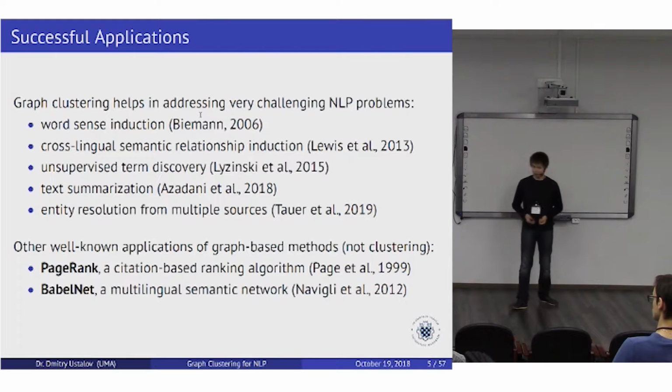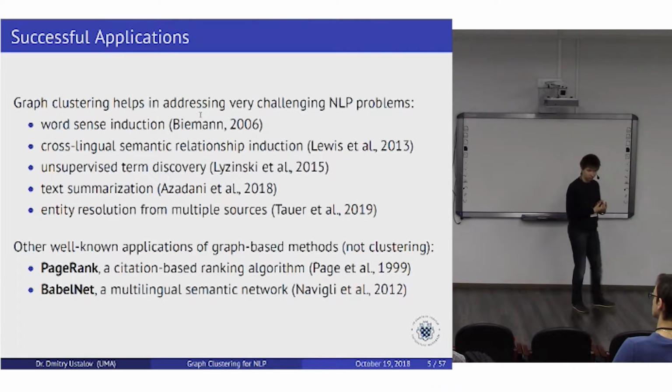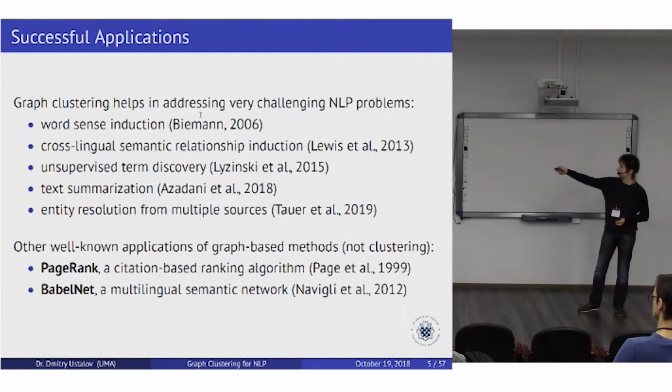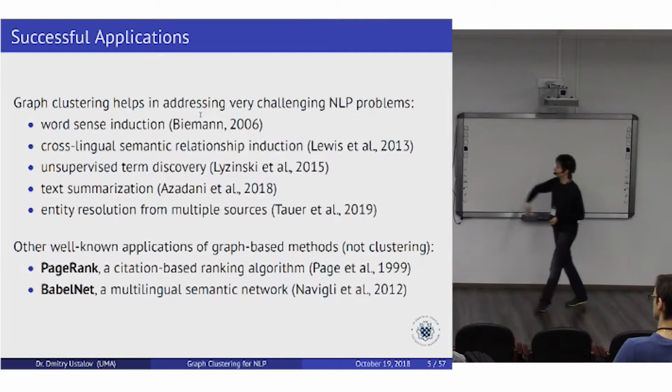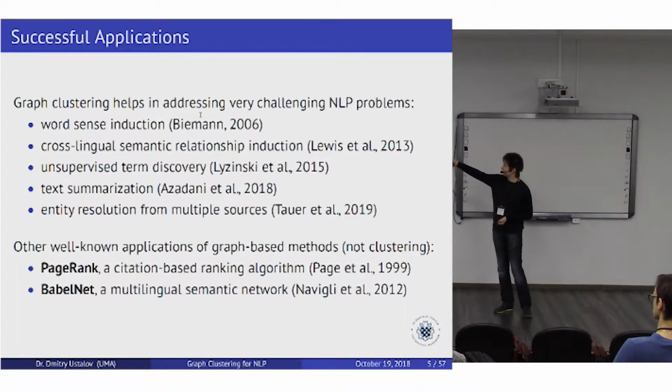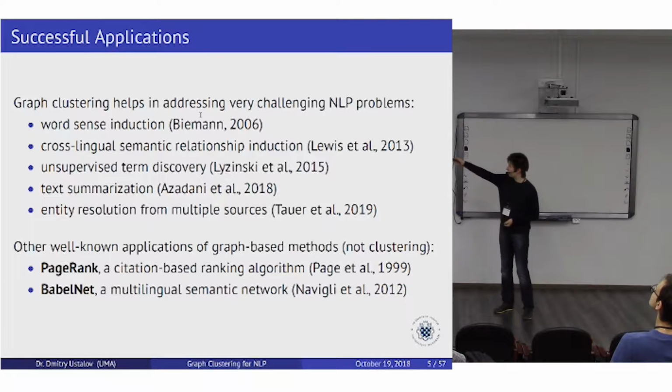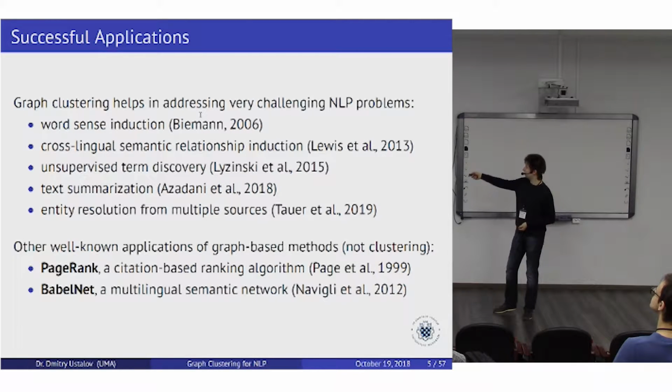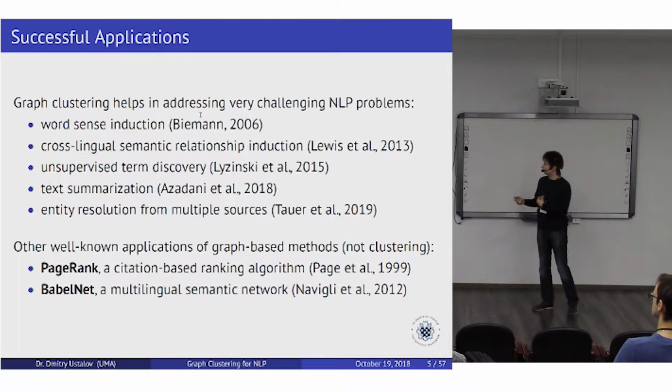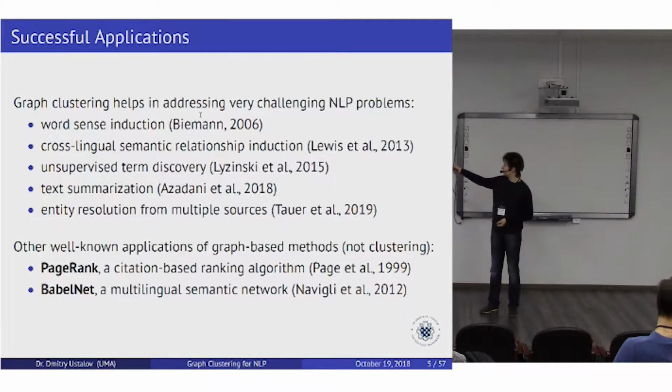Here are a few applications of graph-based methods, including clustering. Graph clustering was used to address a lot of problems in lexical semantics, in speech recognition, in data merging, and so on. You could also know about a few other graph-based approaches, which are quite famous.